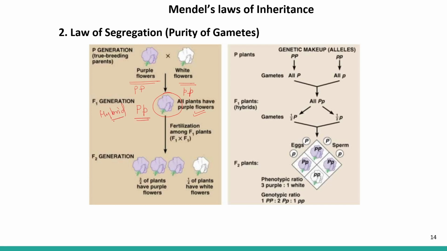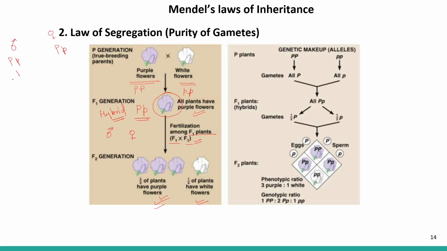All plants have the purple flowers. Fertilization among the F1 plants, that is F1 into F1, we will take one plant as a male and one plant as a female. So we take capital P, small p as a male plant and this one as a female.